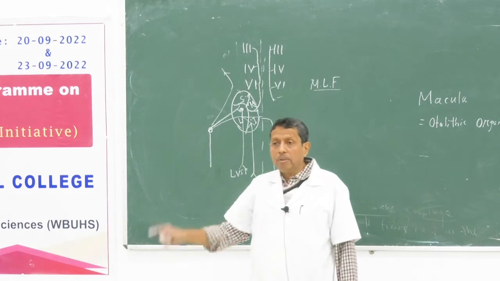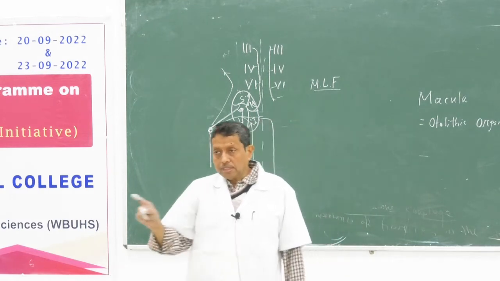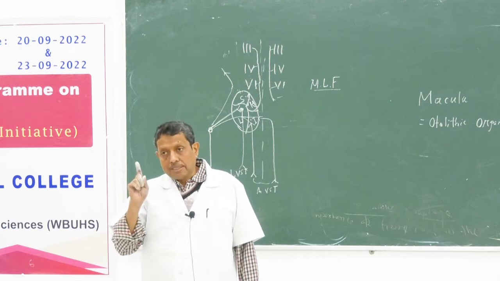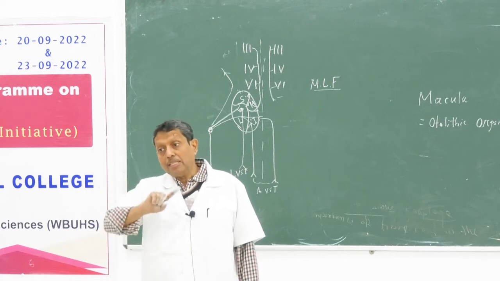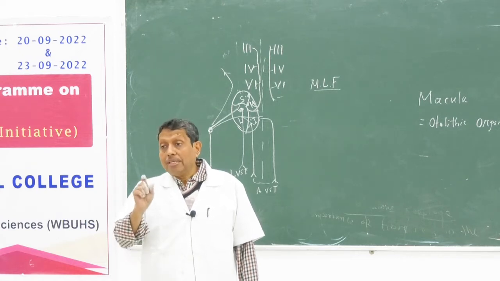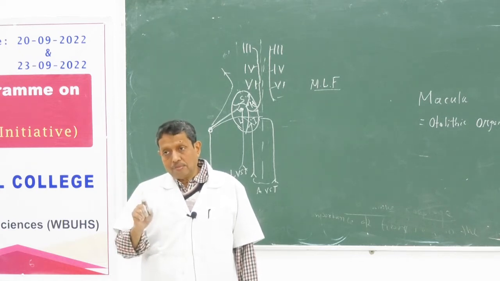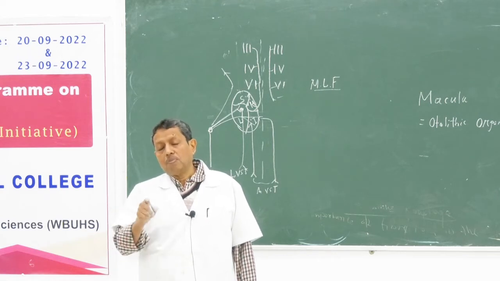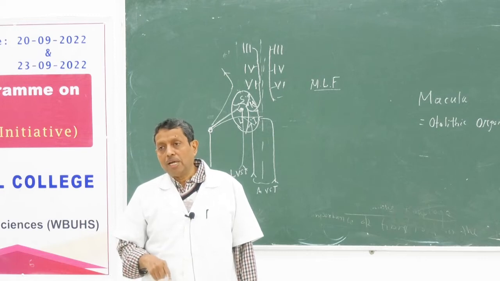Suppose the conjugate eye movement, which we discussed. The lateral rectus of one side is operating and the medial rectus of the opposite side. And for this reason, there is a reticular formation. There is a nucleus called the paramedian pontine reticular formation, PPRF.